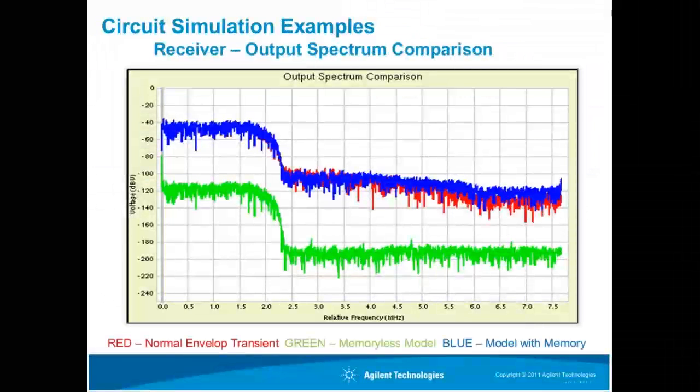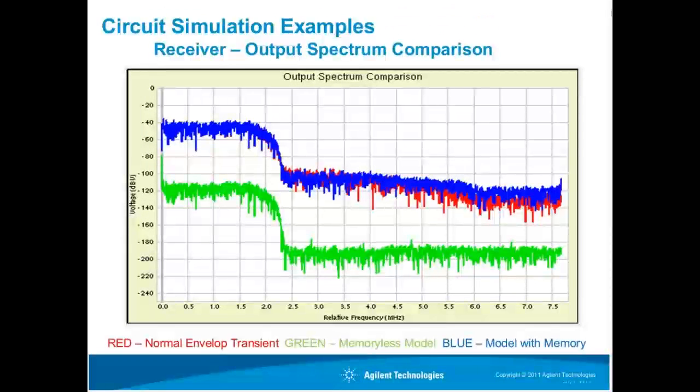Now, this next example is one that I would consider exhibits the real limitations of the memoryless model. This is a receiver, and the important characteristic of this receiver is that it has a DC offset correction circuit. And the way that you build a memoryless model for a 0IF receiver results in a model that's extremely inaccurate.